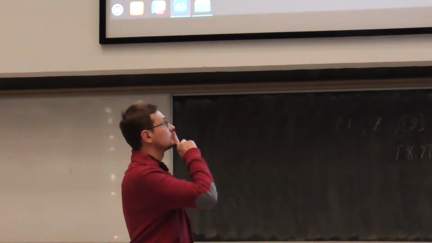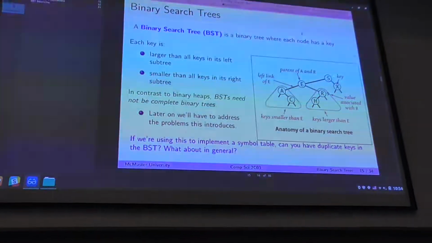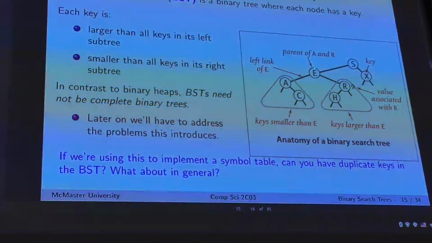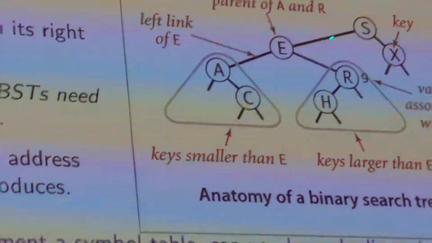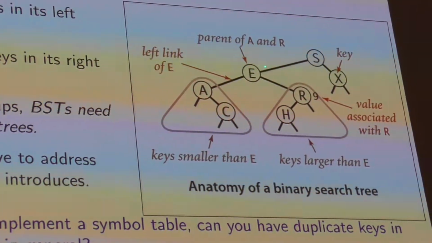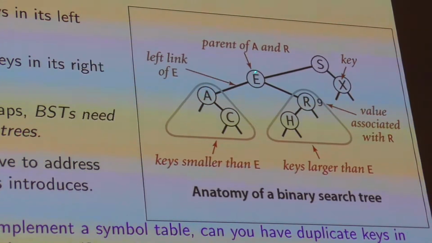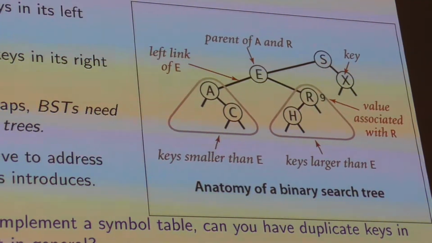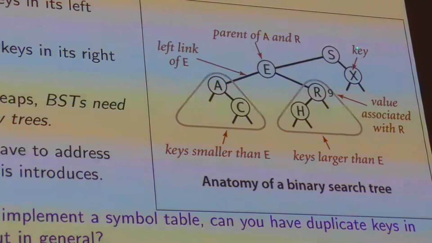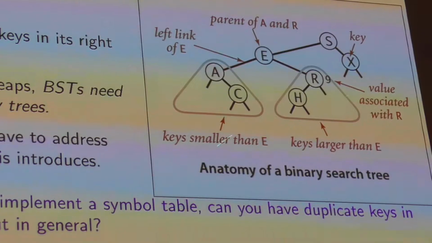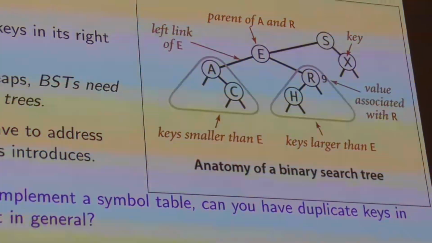So this is the anatomy of a binary search tree, right? We might have some key at the start. All keys which are in the left branch of the tree are less than this key up here. Remember, Q, R, S, so R is less than S, so it's still there. And that holds at every level, right?